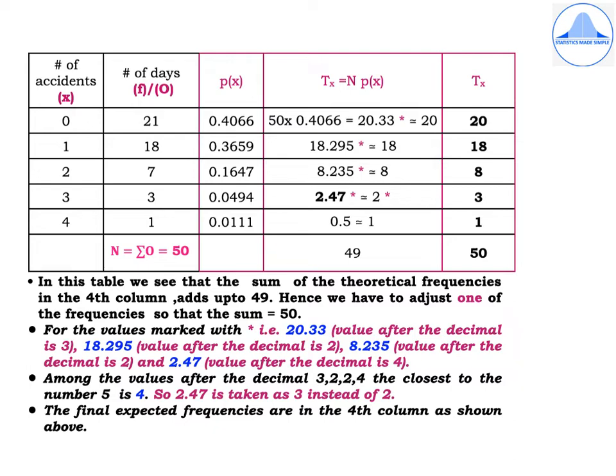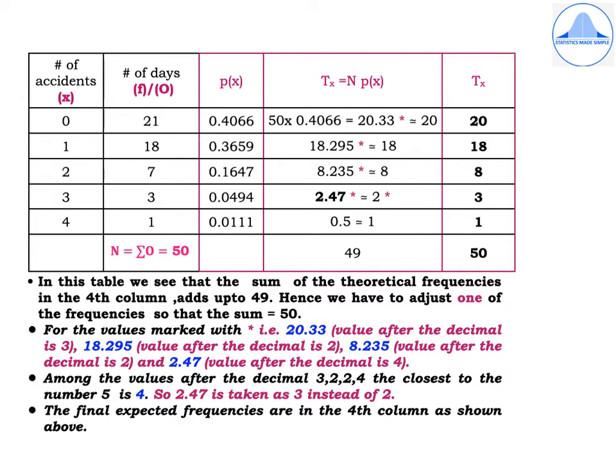Now carefully observe the values which are highlighted with the asterisks in pink color in the fourth column. For the values marked with the asterisk, that is 20.33, the value after the decimal is 3. And for 18.295, the value after the decimal is 2.